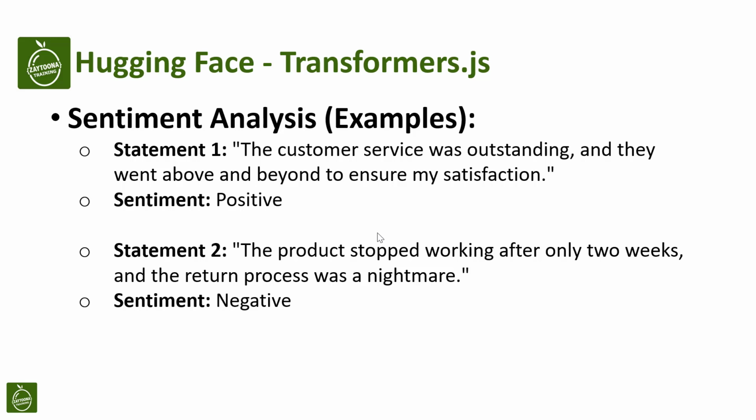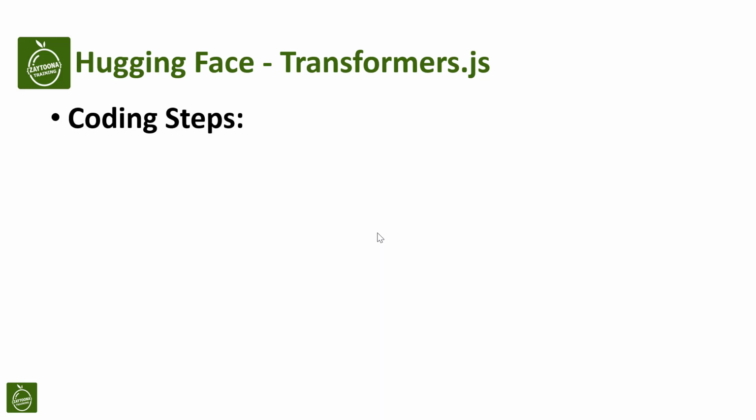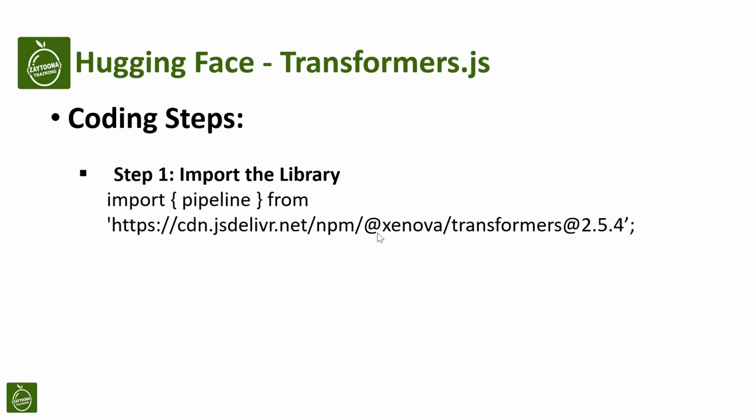To begin our journey into sentiment analysis using Transformers.js, we first need to import the necessary module. Here we are using the JavaScript module system to import the pipeline function directly from a CDN. Think of it as our gateway to the powerful functionalities that Transformers.js offers.